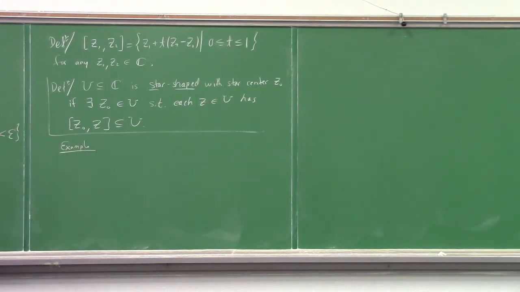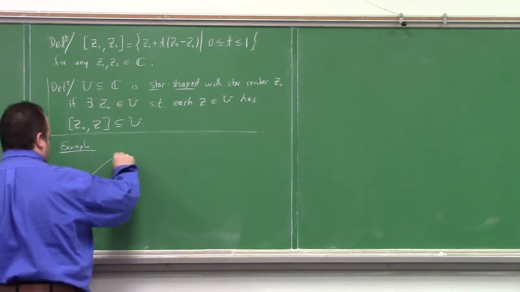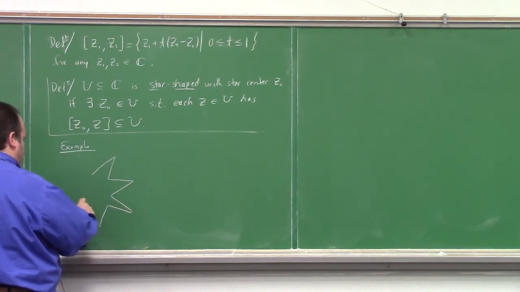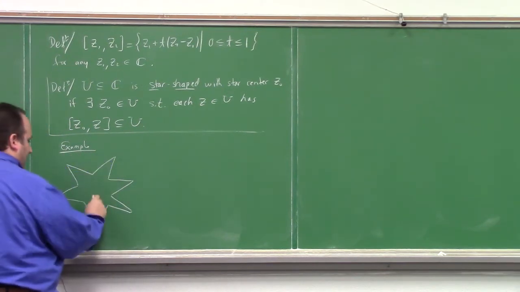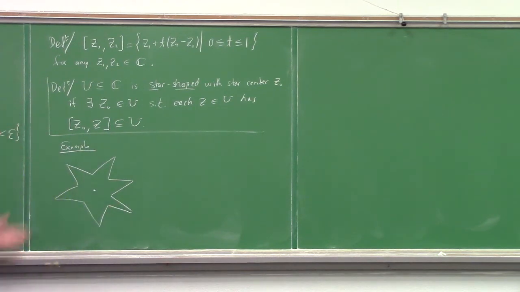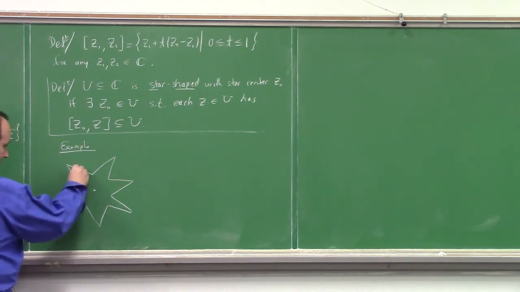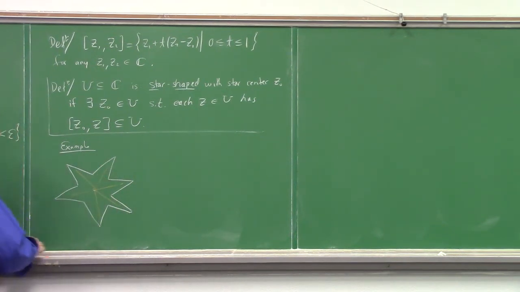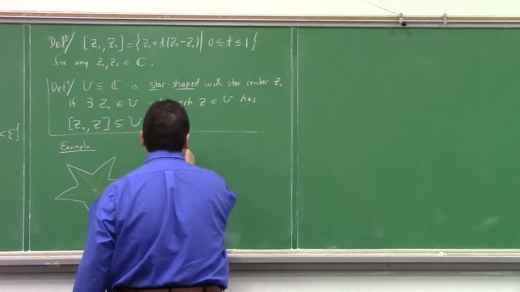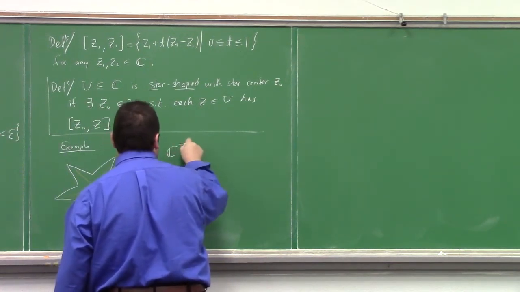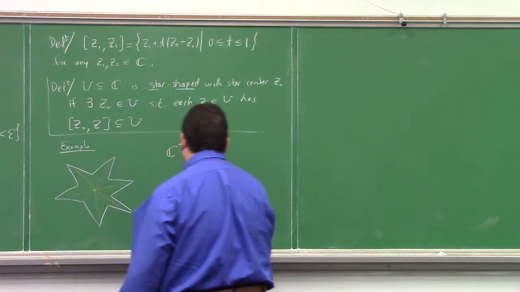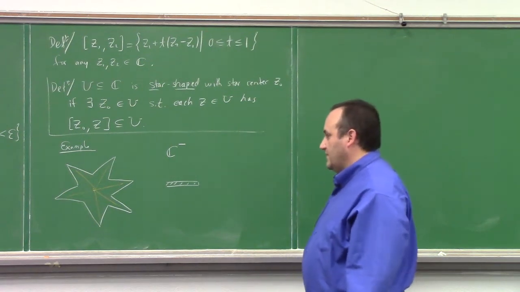Star-shaped is a stronger form of simply connected. Of course, you could have something that's literally like a star, and there's your star center, because no matter where you go, you can reach anywhere in the set from that star center. Another example, the slit complex plane, where you delete the negative real axis. What's the star center here?